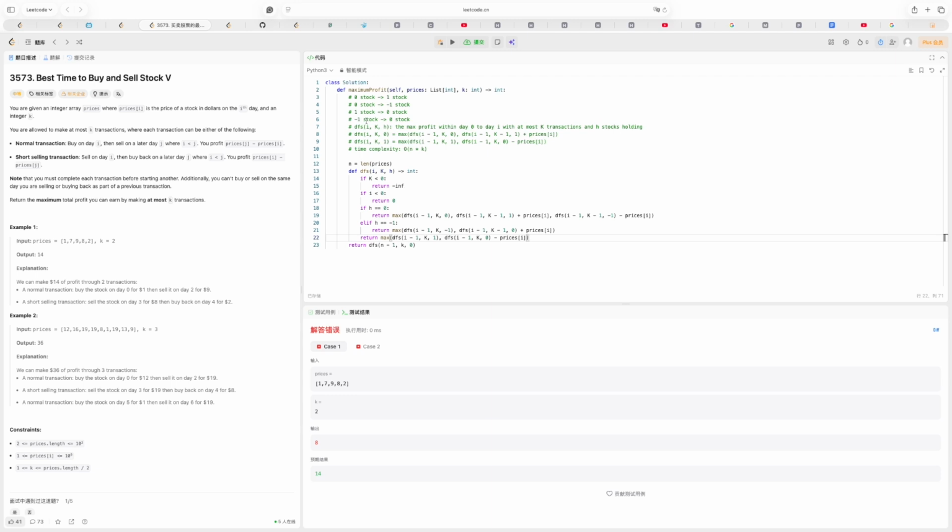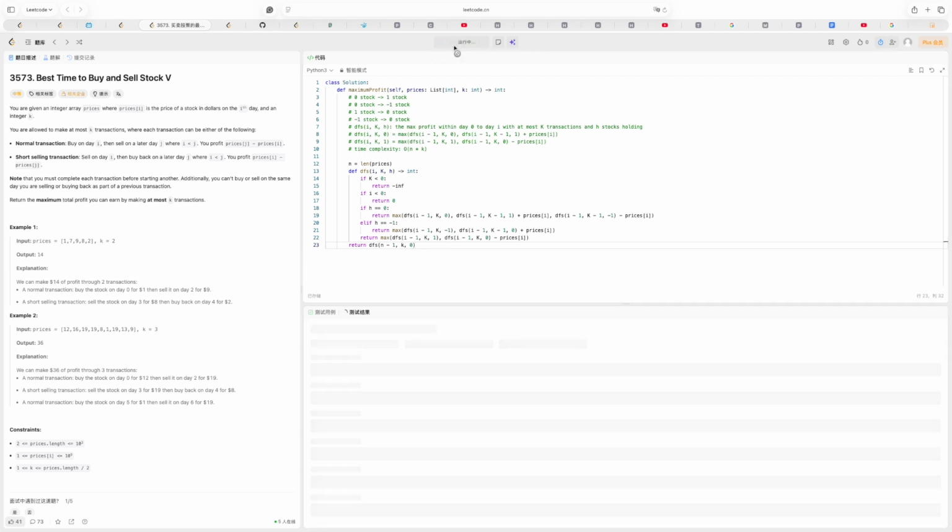And for -1 is that you will have 0 and you sell. And for 1 is that you have 0 and you buy. Okay. I think that is the whole story. Let's see.